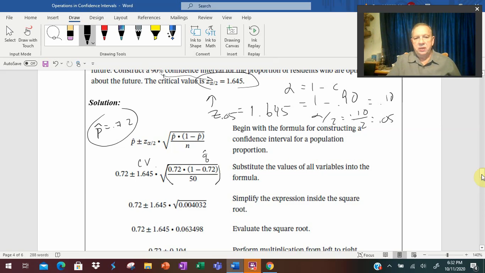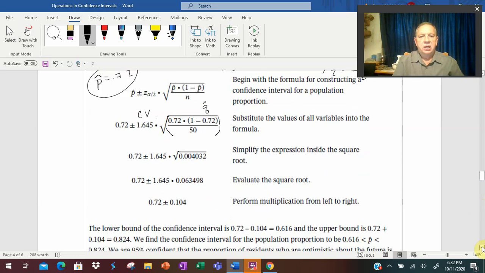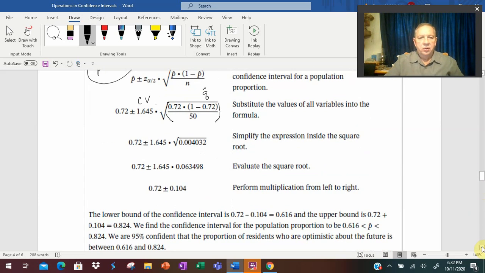Make sure you get this after you take the square root, and then the 1.645 after that. So all of that, the margin of error, is 0.104.